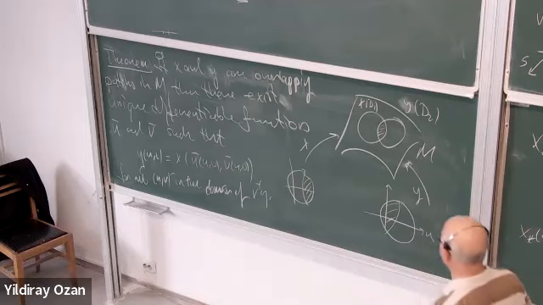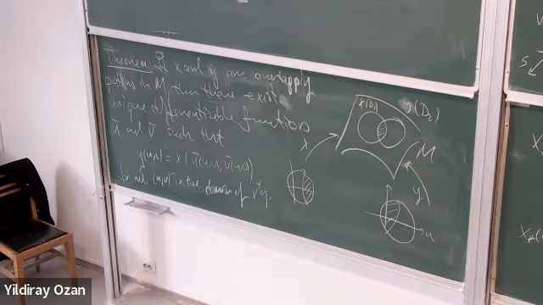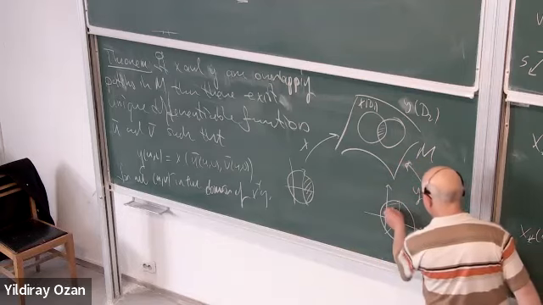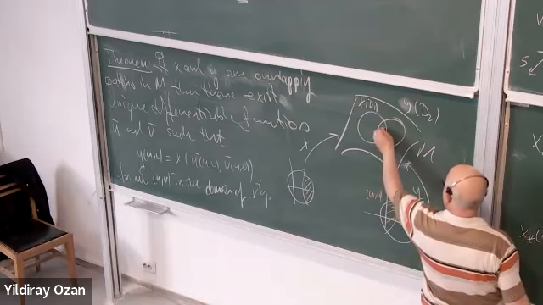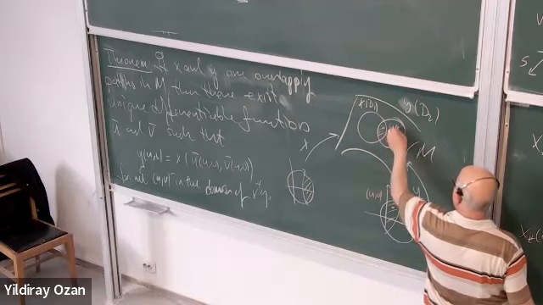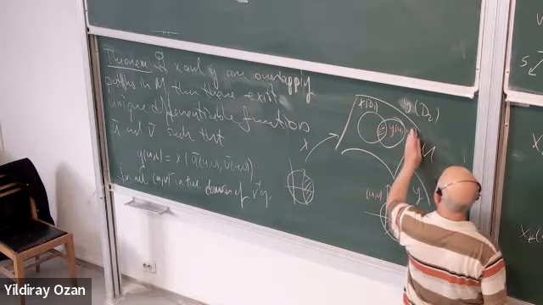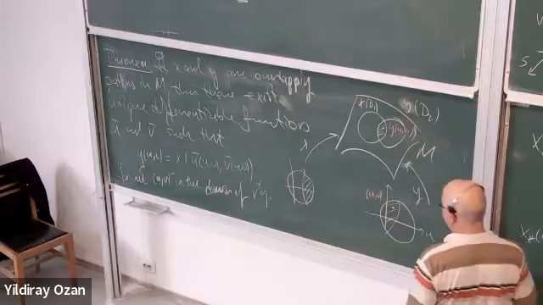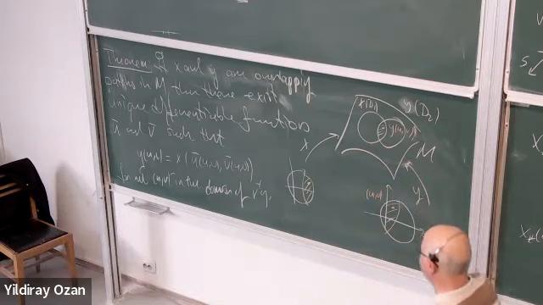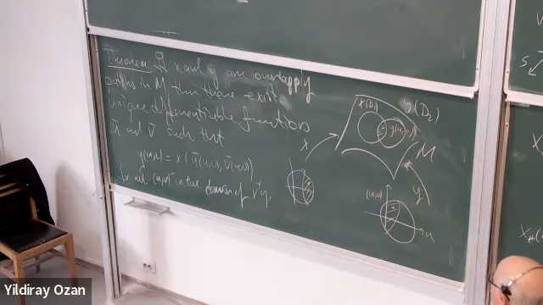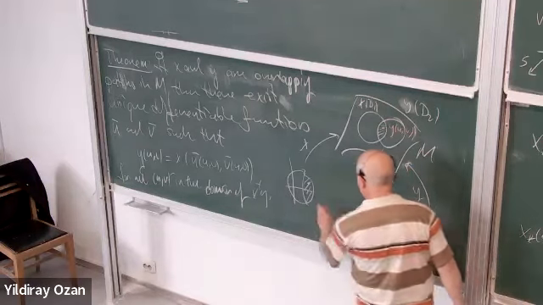What this tells us is the following. If you choose any point here, let's say uv, so it is this point y of uv. Of course, it comes from a point here. What is that point?